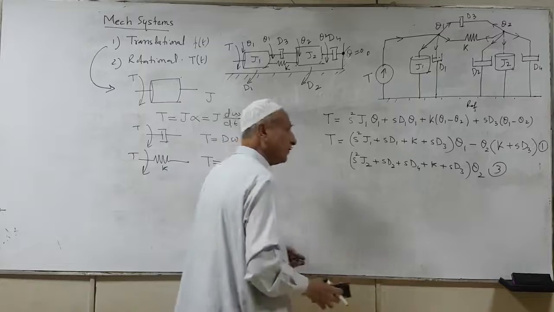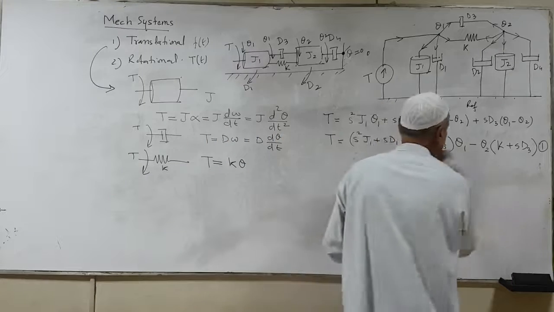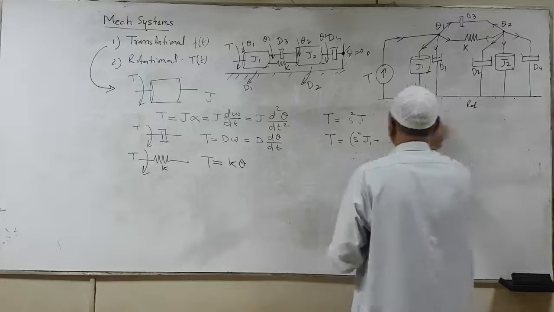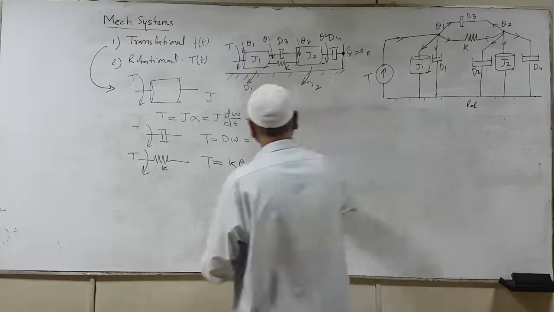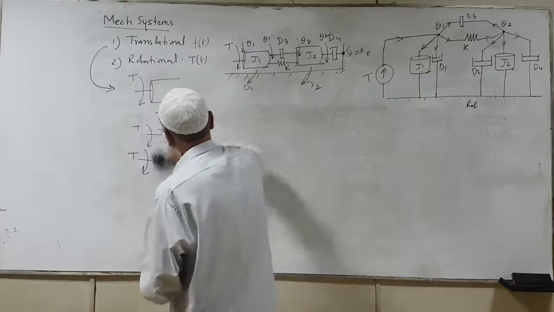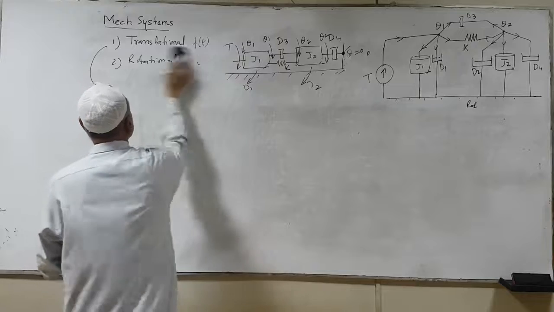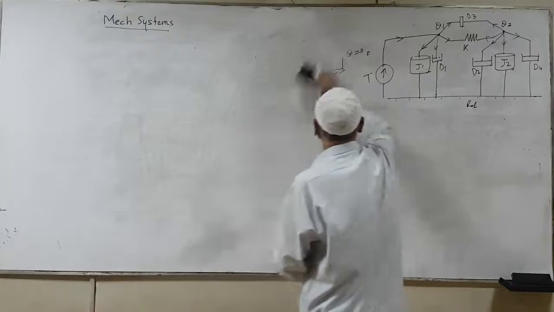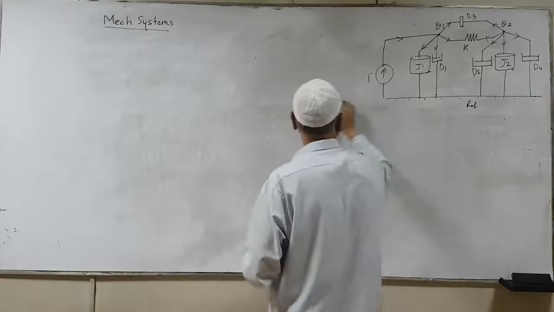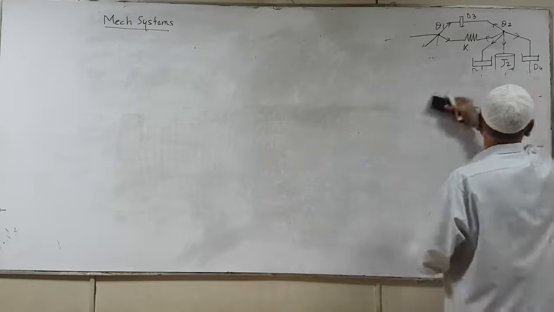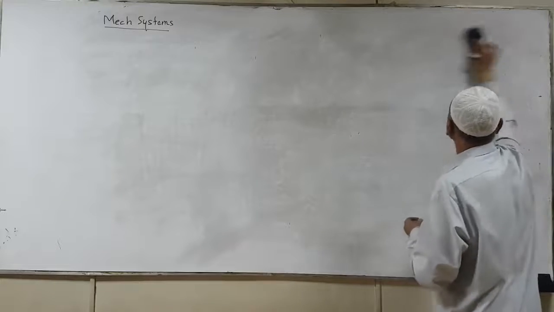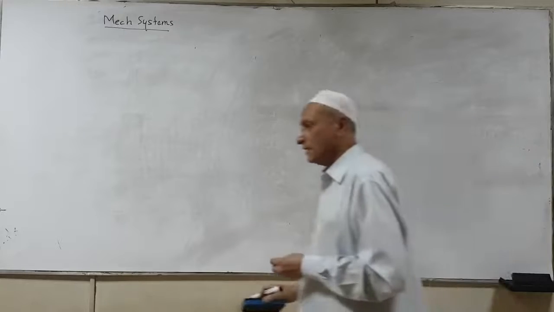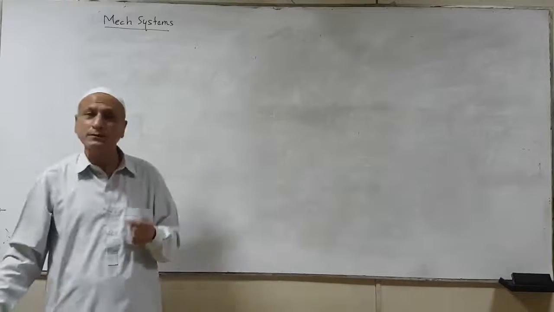Now let's talk about an electromechanical system. Electromechanical systems are generally used very commonly. A generator, a motor is one of the important examples in the field of electrical engineering. So an electromechanical system forms an integral part of the robotic system, and it's better to know what the transfer function should be.